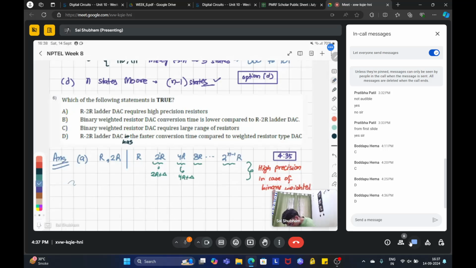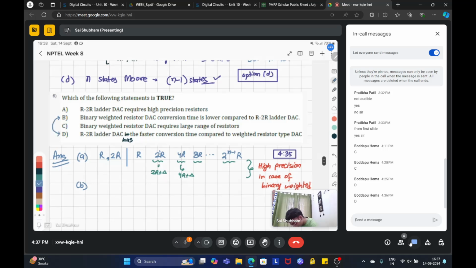Next is that binary weighted resistor DAC conversion time is lower compared to R2R ladder DAC. So these two statements are opposite to each other, right?